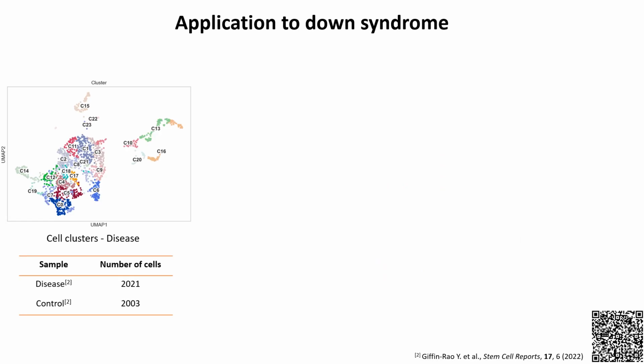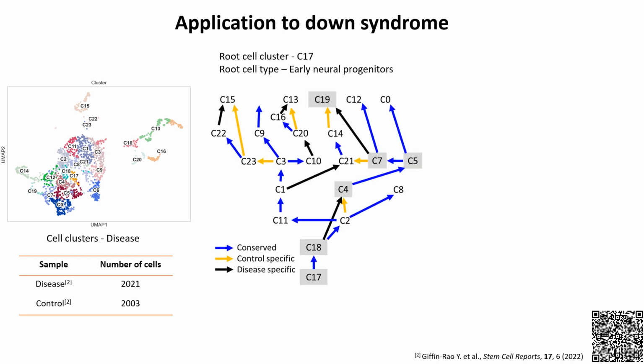Okay, and the next thing we are going to apply this computational pipeline to Down syndrome. As you can see, we start with a nonlinear dimensional reduction and clustering, and then we infer control and disease trajectories, and by aligning them together, we can obtain a disease-specific path.